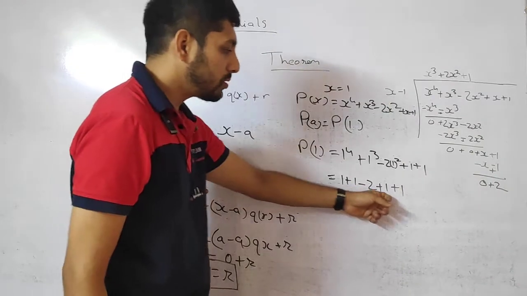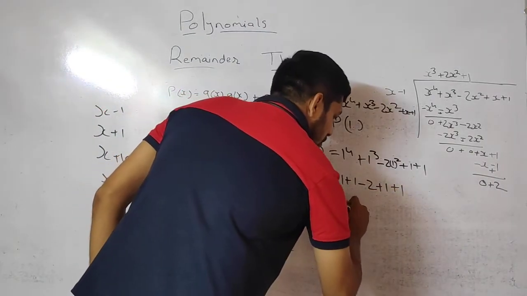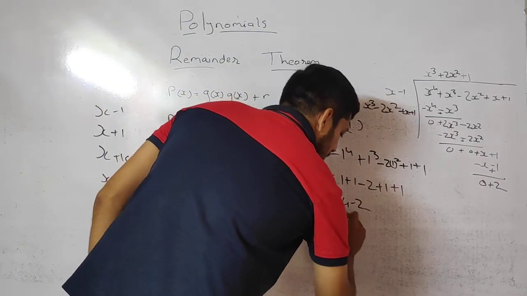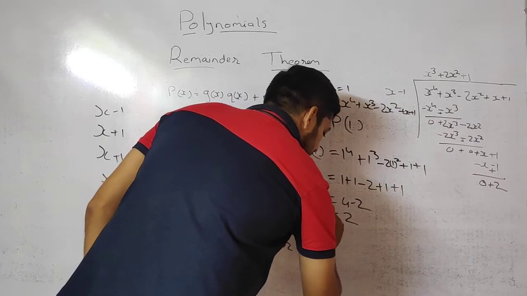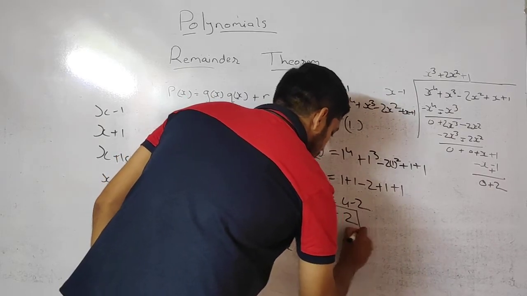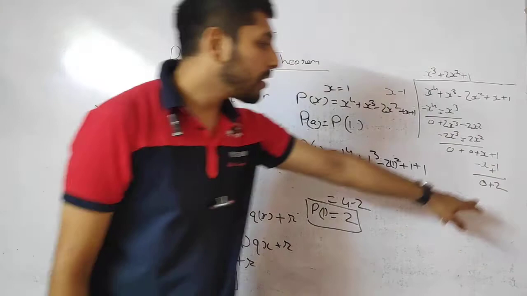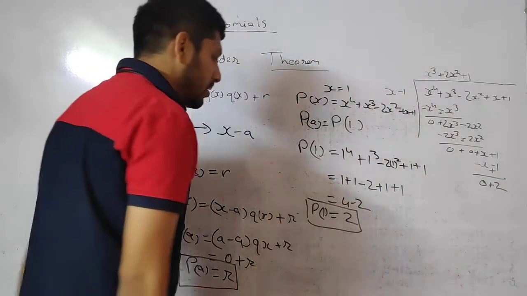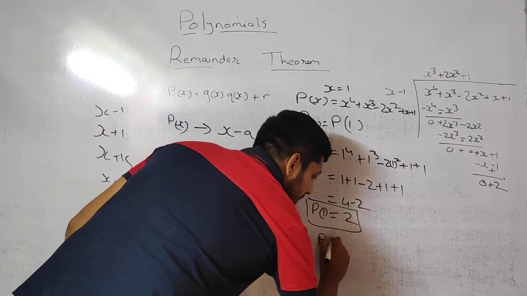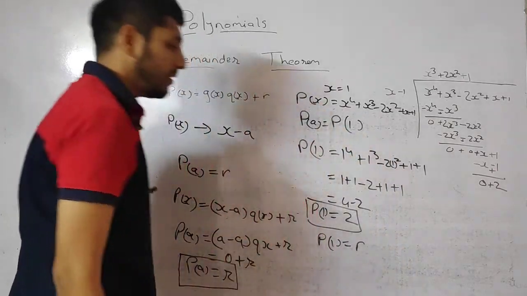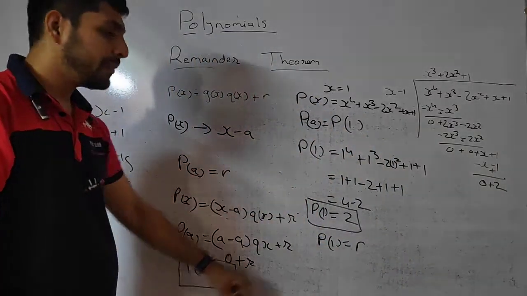So 1, 2, 3 and 4. 4 minus 2, which will be equal to 2, which says that p of 1 is equals to 2. And here also you can find out that this is the remainder. So p of 1 is equals to the remainder, which proves that this theorem is correct.